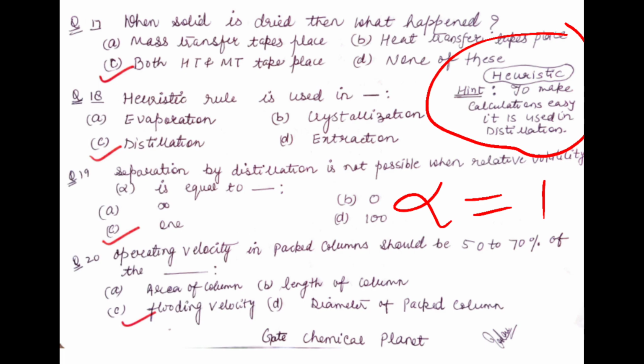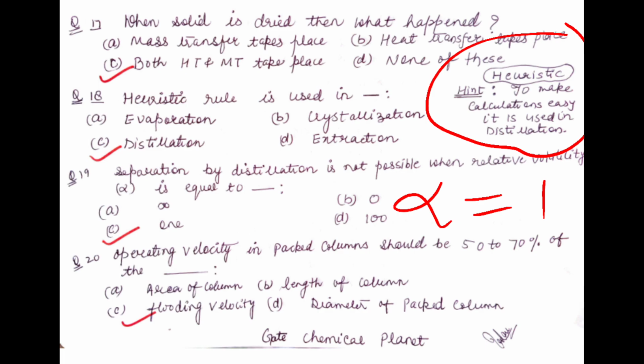The operating velocity in a packed column should be 50 to 70% of the. This question is from flooding and packed columns, where it is asked that the operating velocity in a packed column should be 50 to 70% of which value: area of the column, length of the column, diameter of the packed column, or the flooding velocity. So student, the operating velocity is half of the flooding velocity.